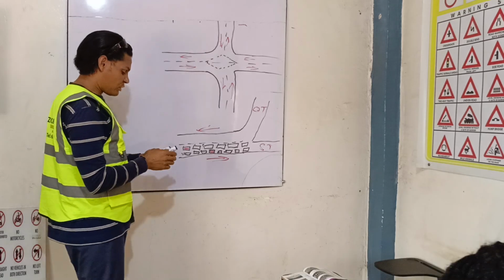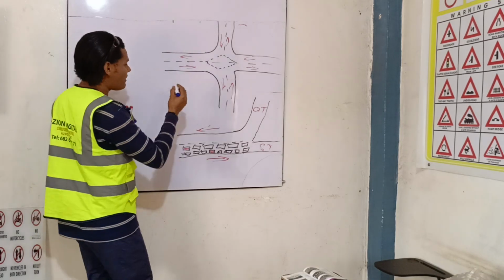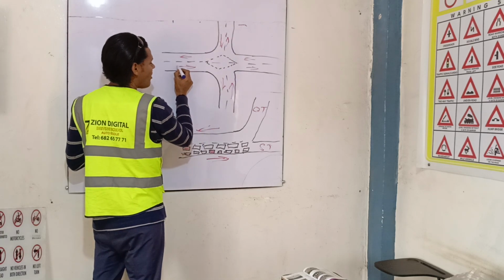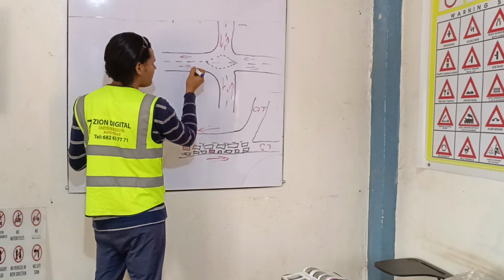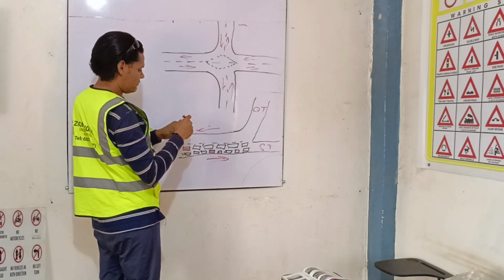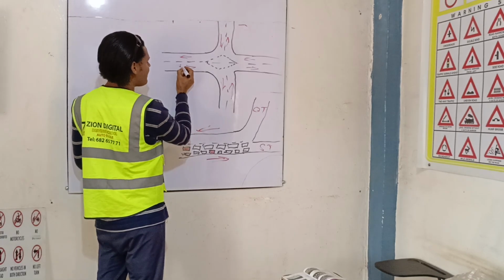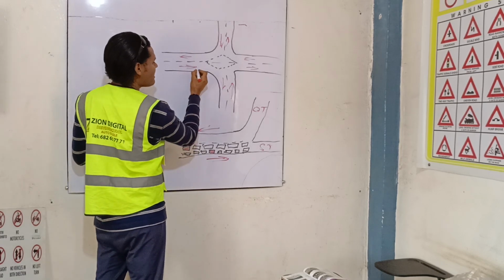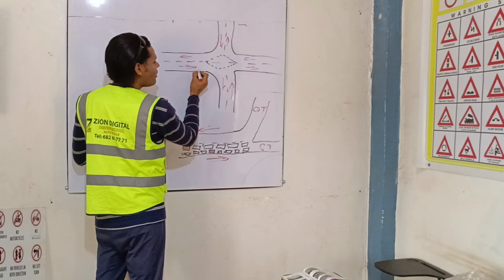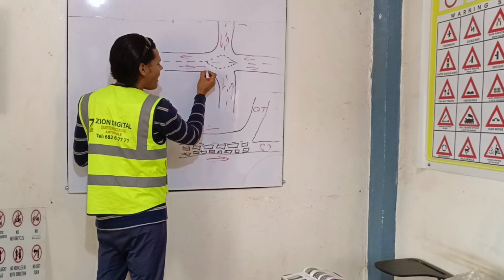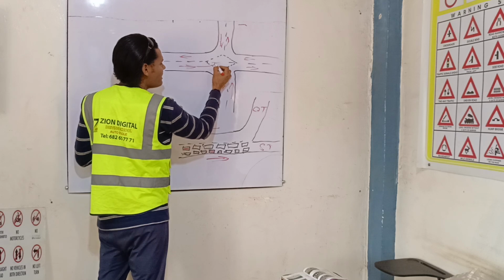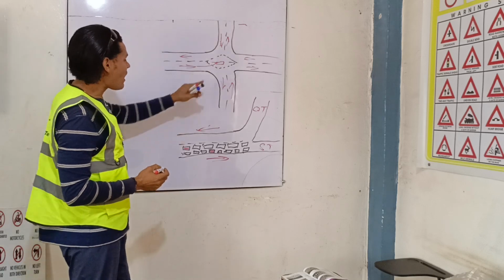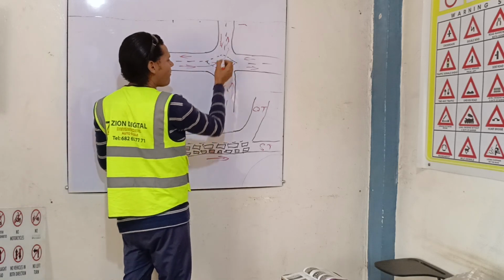This now gives you the possibility, if you are coming up and you intend going to GRA. You're coming from here, your intention is going to GRA. So what are you going to do? You will take your car and bring it here, in the middle, waiting for your opportunity to go up.